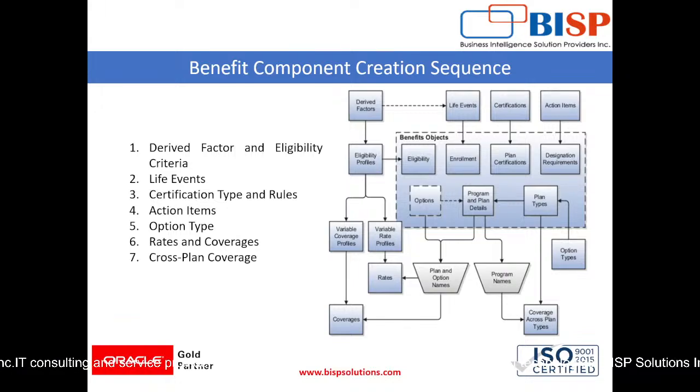If there is a spouse, you need to provide a proof of marriage for spousal coverage also. So this type of certificate you can attach into the benefits. These are linked to plans during setups to manage required documentation.